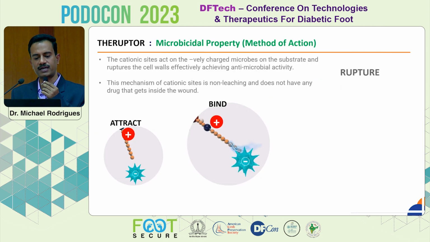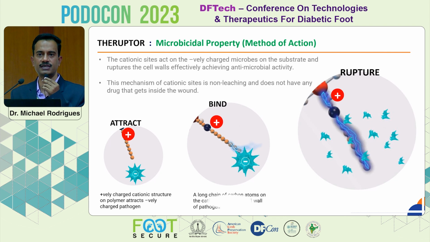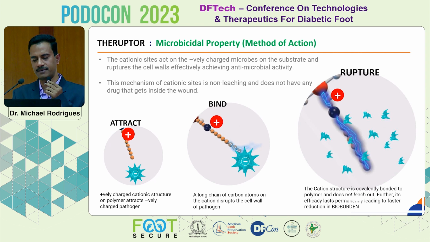It is able to attract and bind the pathogens, and rupture the pathogens that are coming along with the exudate. The exudate is continuously taken away from the wound bed and dried. So a degree of debridement happens. I'm taking the load of enzymes and MMPs away from the wound and keeping the wound area sterile.